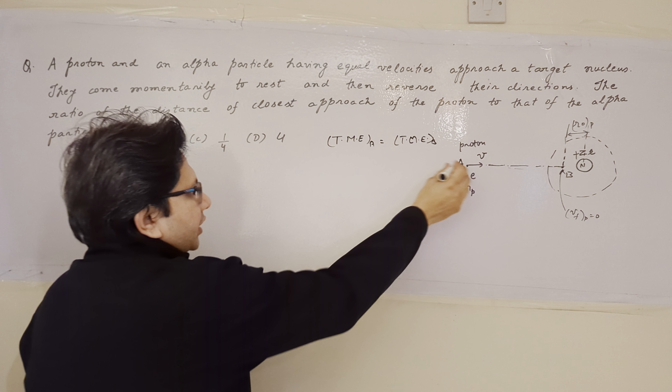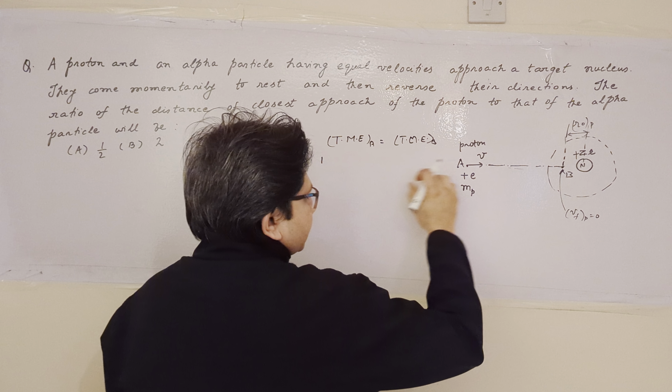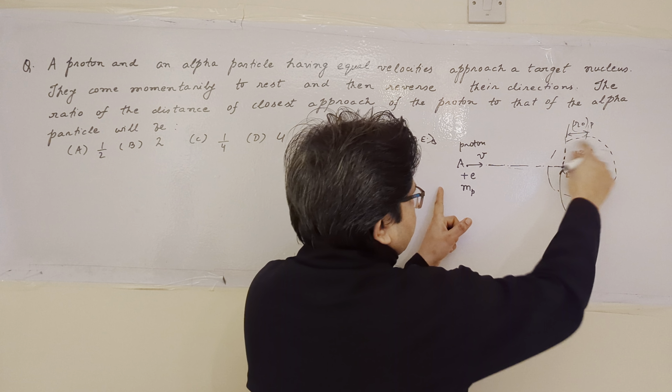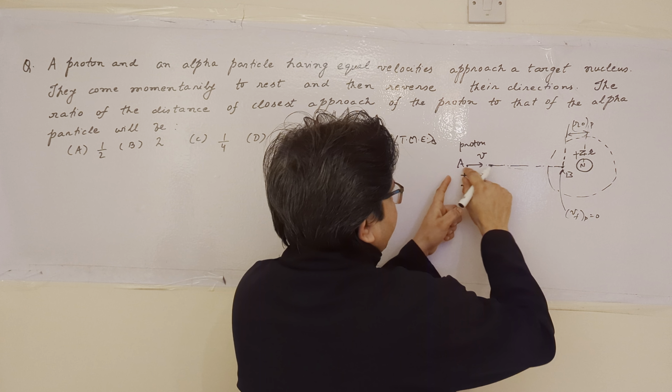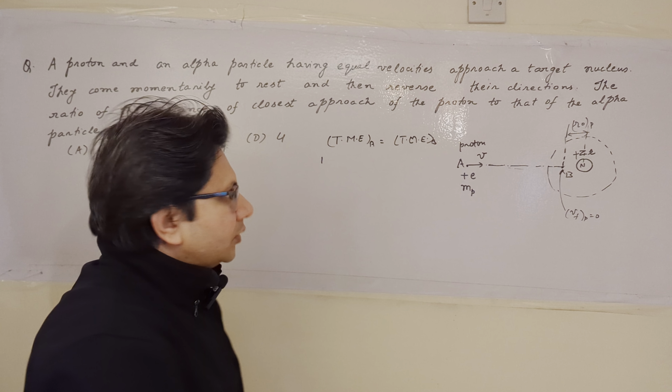Now the total mechanical energy at point A is mainly the kinetic energy. The distance is very large as compared from the center of the atom. This particular point is very far away, so r is very large, so the potential energy is very small.